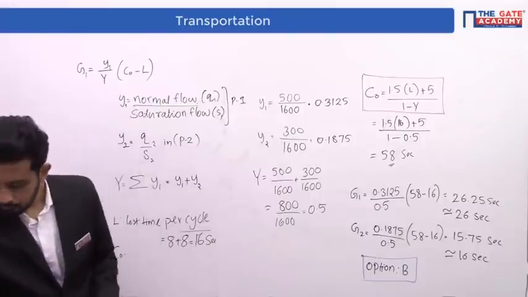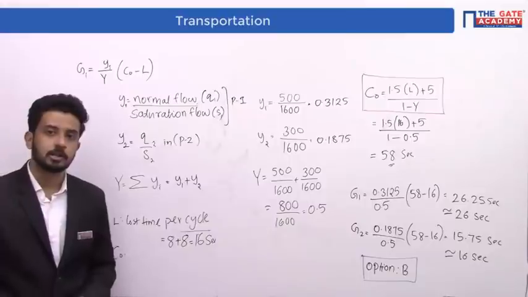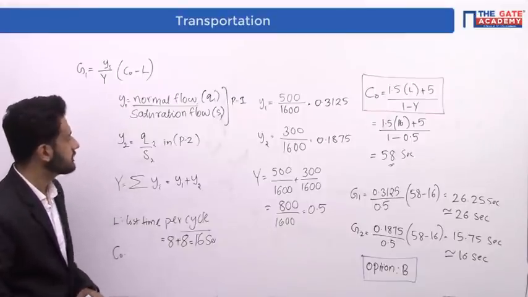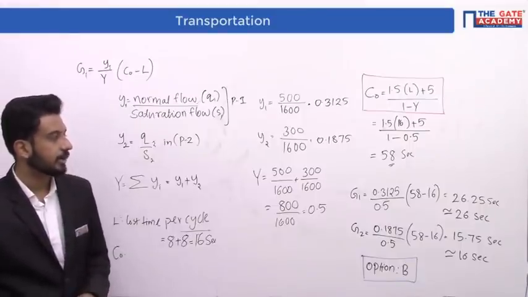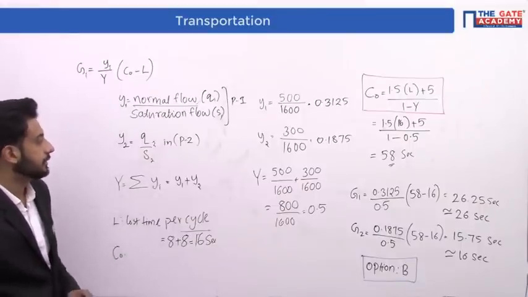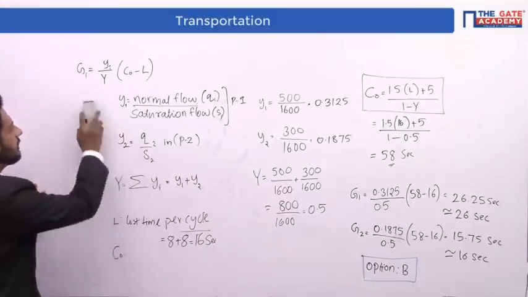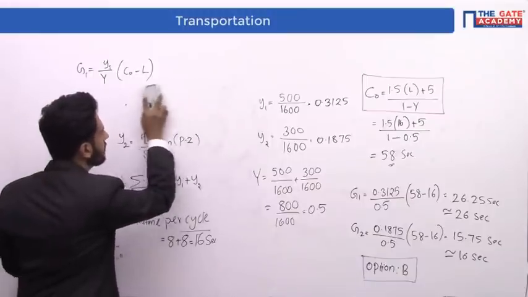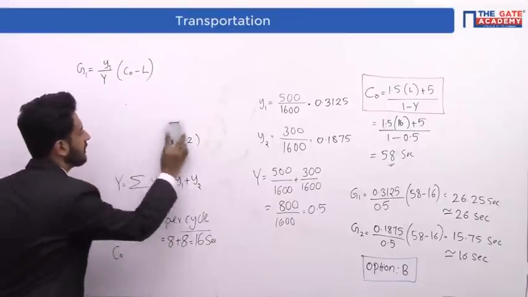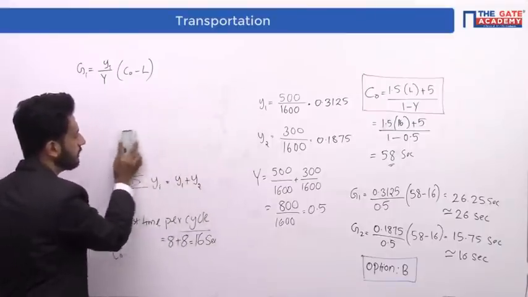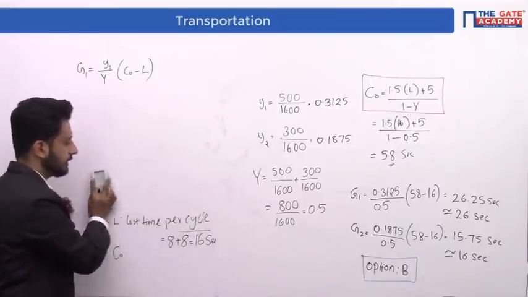Understood? So just go through the solution once again and check what all things we have done. Check it properly and understand the concept carefully. Okay, so first we have taken the normal flow to saturation flow ratio for each phase, and we have taken the sum to obtain capital Y, correct?